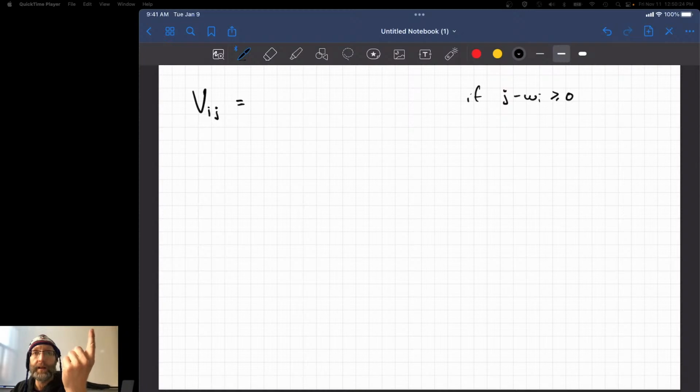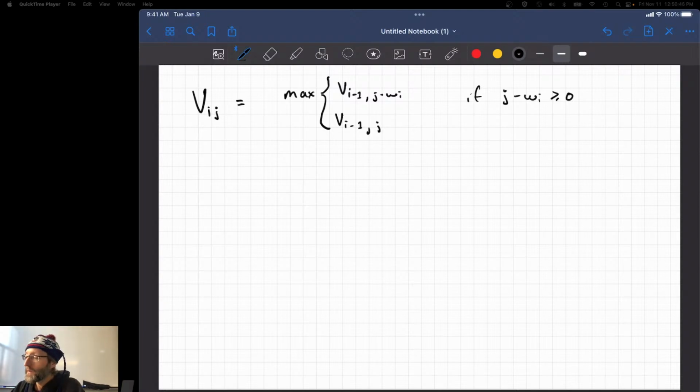I can take A sub I, or I can leave it. So that's going to be a max among the value V sub I minus 1, J minus W sub I, and V sub I minus 1, J.